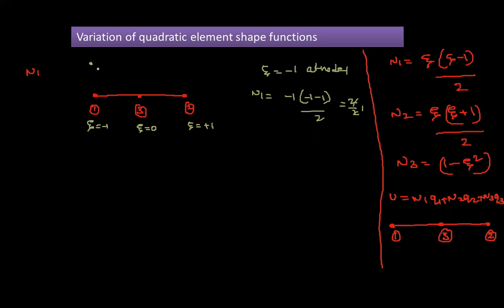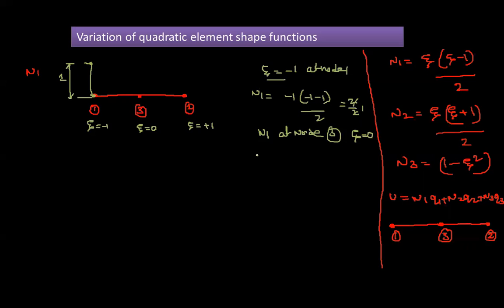Let us say the height would be from here to here, the unit magnitude 1. So if you put zeta equal to minus 1 at node point 1, the N1 value is equal to the unit 1. Similarly, the N1 value at node 3: the zeta becomes 0.